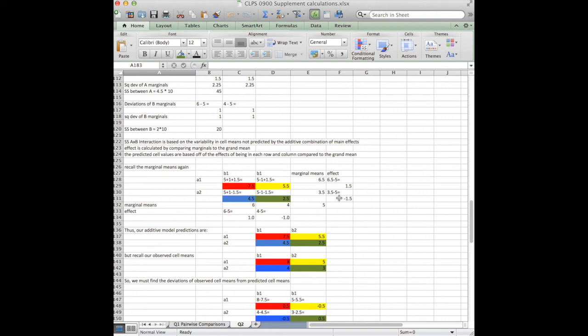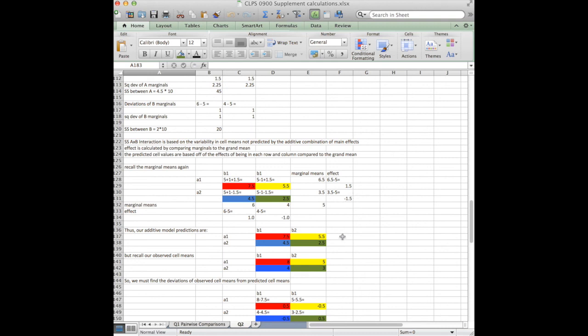Also note that the effects for your columns should cancel out: 1 minus 1 gives you 0. Same thing for the effects for your rows: 1.5 minus 1.5 equals 0.